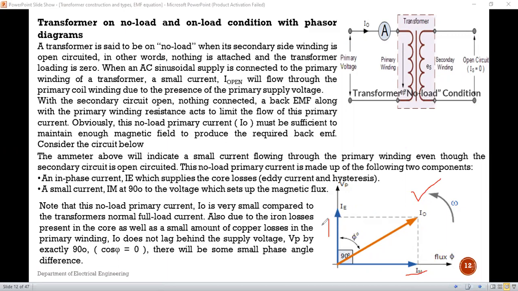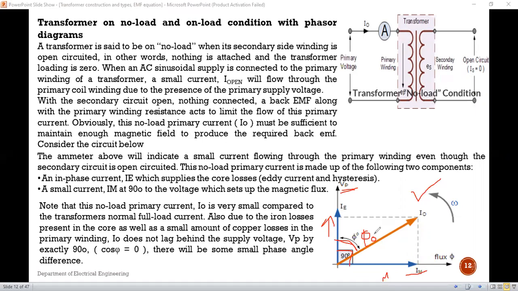Another component is the working component which is along the y-axis, or in phase with the voltage, and the magnetizing component will lag behind the supply voltage by an exact 90 degree angle. याच्यामधला अँगल एक्झॅक्ट 90 डिग्री आहे, या दोन्ही मधला अँगल लेस दॅन 90 डिग्री असेल, that is the angle between them is nothing but phi 0. This angle is called as hysteresis angle of advance.